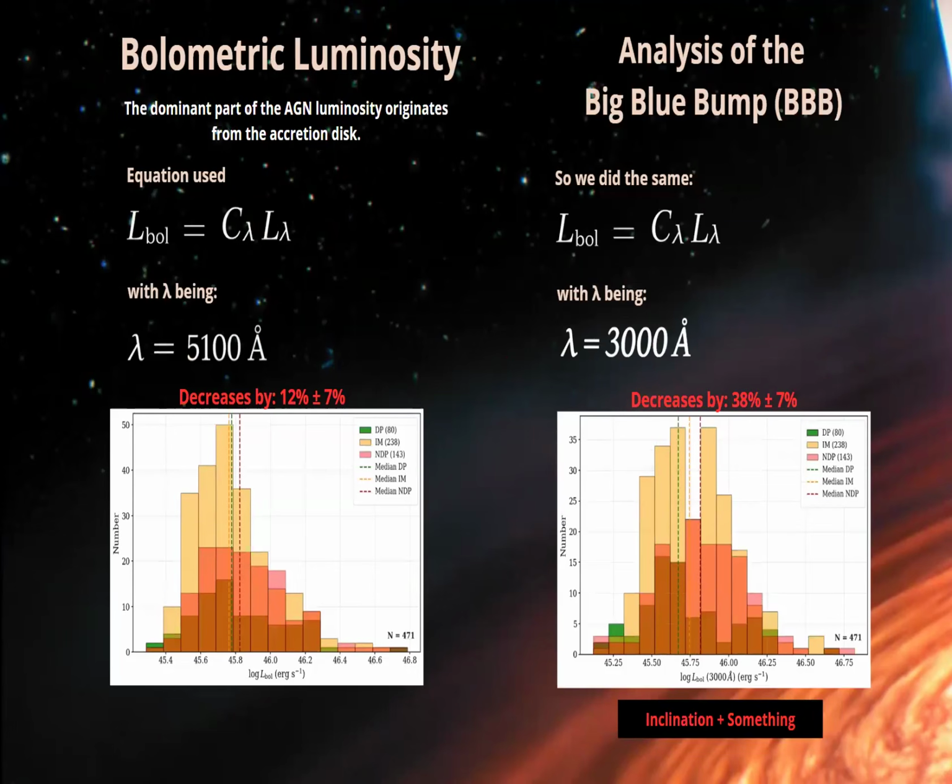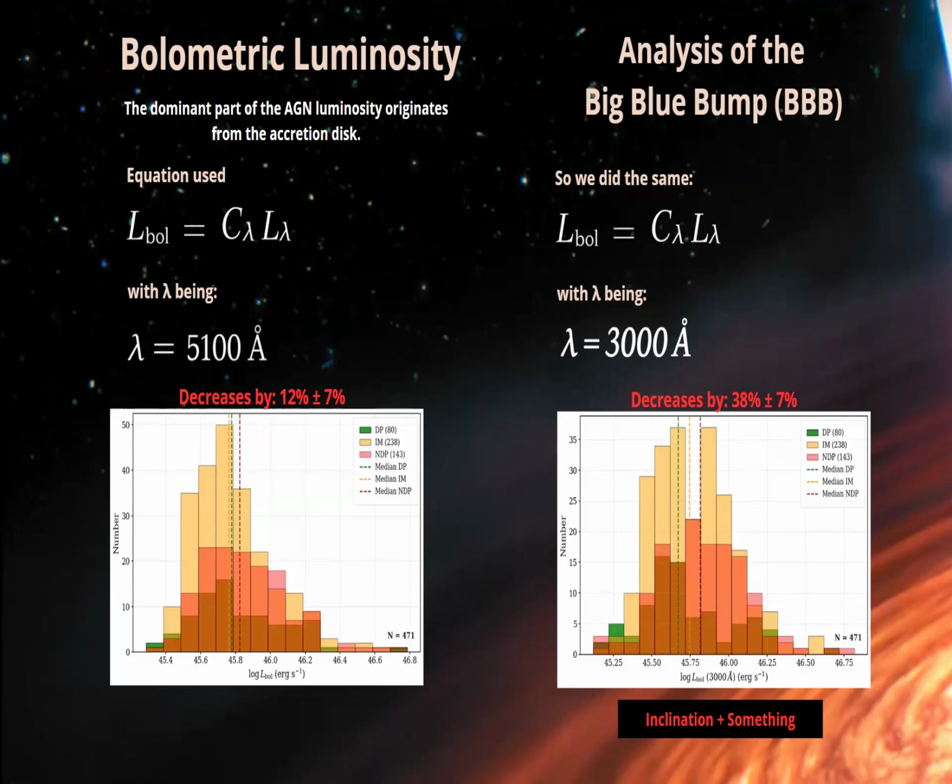About bolometric luminosity. Since the dominant part of the quasar luminosity comes from the accretion disk, we should expect a decrease in luminosity with the increase of the inclination.